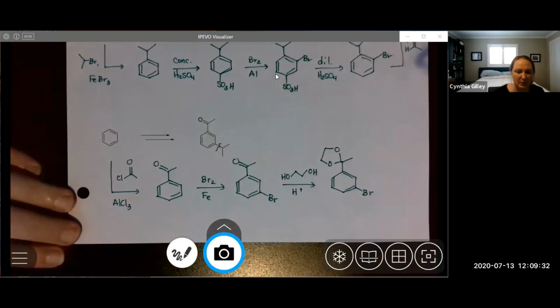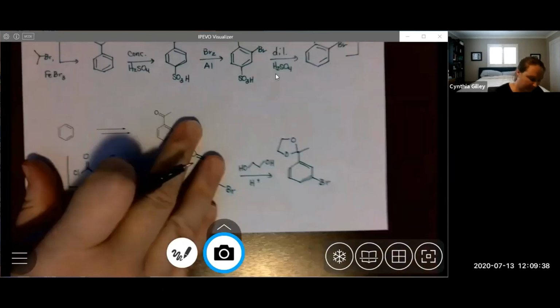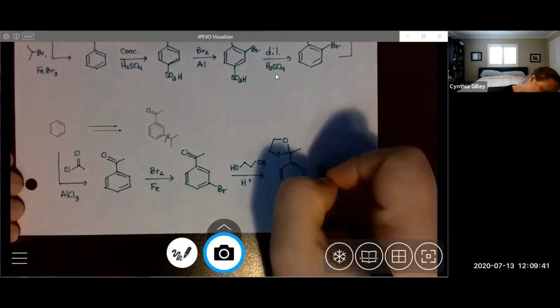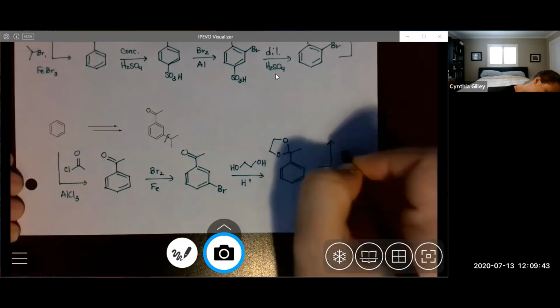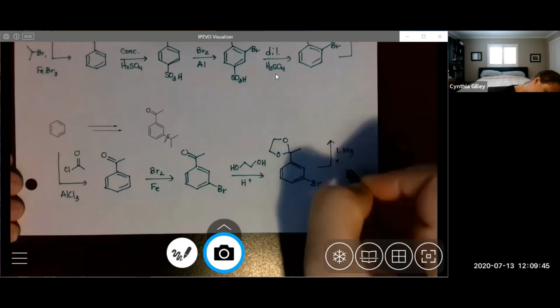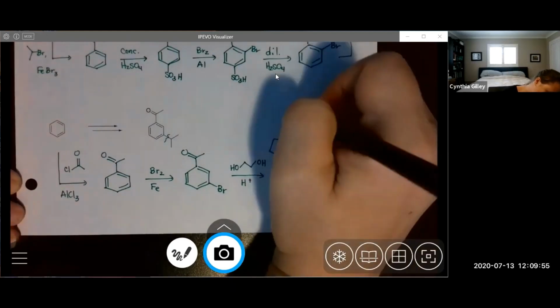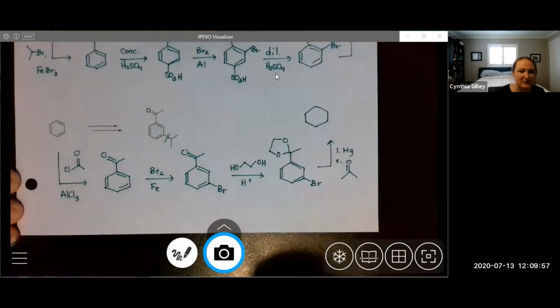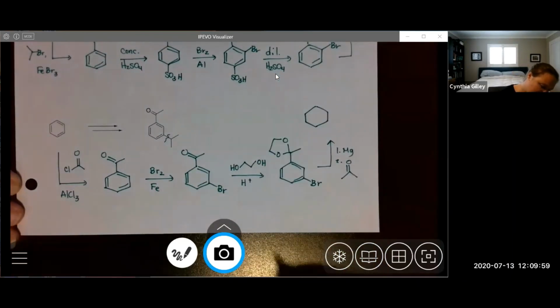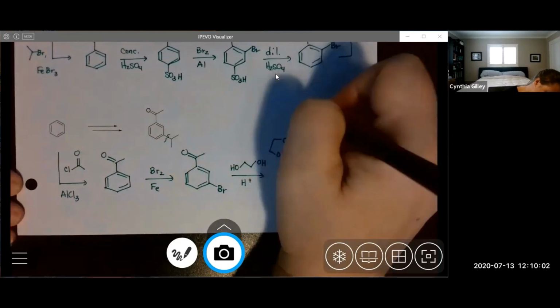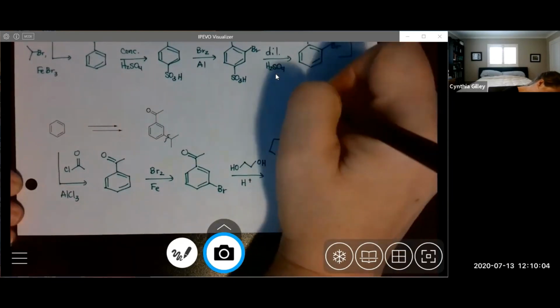Now we can go ahead and form that bond via a Grignard reaction. So we have magnesium first, and in this case, it would be best to use a ketone. That will get us all the carbons we need in the right position to get to the product. Still protected here.